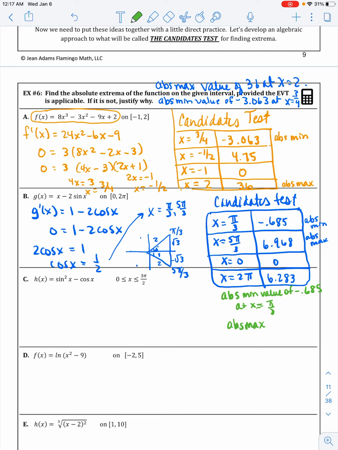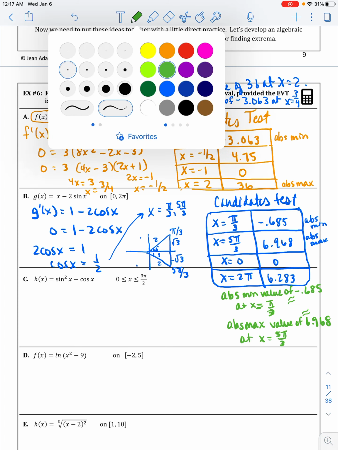Remember that the extreme value theorem guaranteed that you would have extremes, an absolute min and an absolute max on that closed interval. So an absolute max value of 6.968 at x equals 5 pi over 3. We could do exact, we could say, you know, for this one approximately, right? Because I was using my decimals.